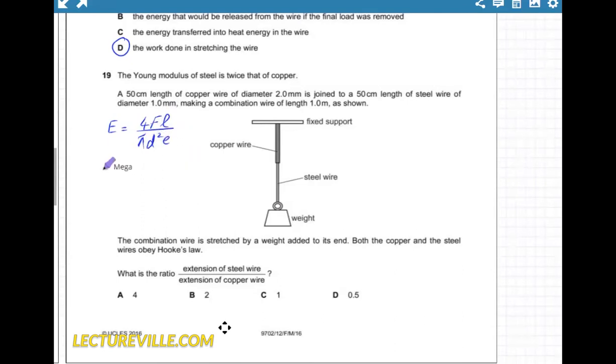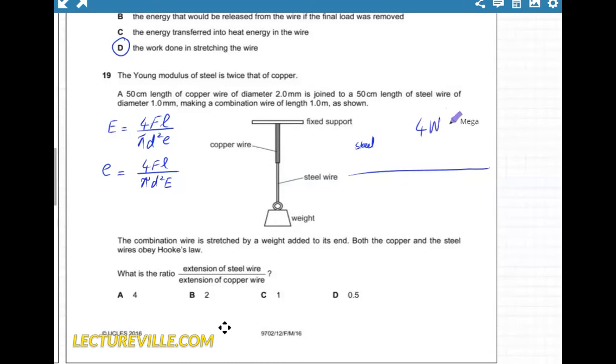So small e, which is extension, is 4FL over pi d square E. For the ratio, on the top we have steel. It will be 4. F is the same, F is the weight of the object.